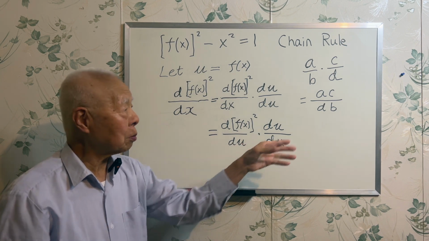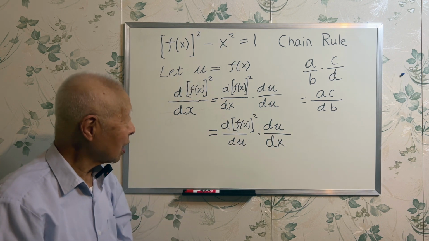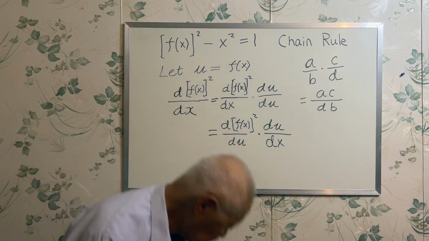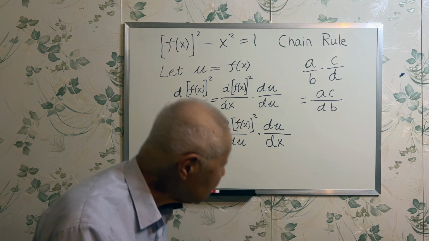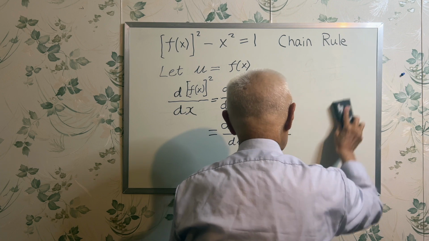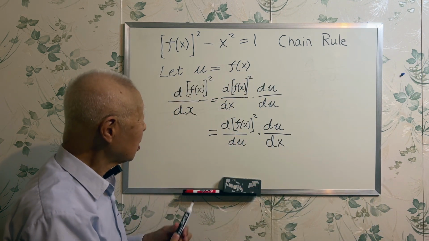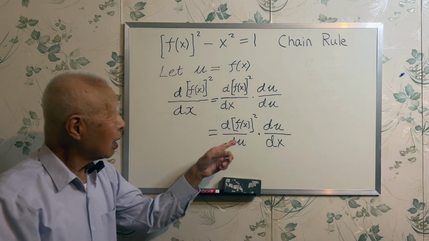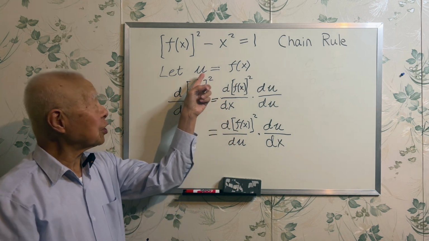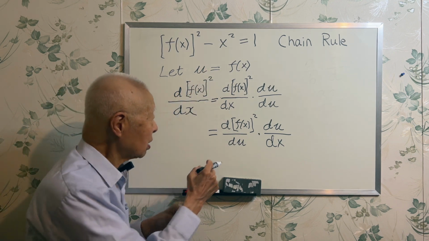There is no problem because we understand that. Now, I replace f of x by u squared.